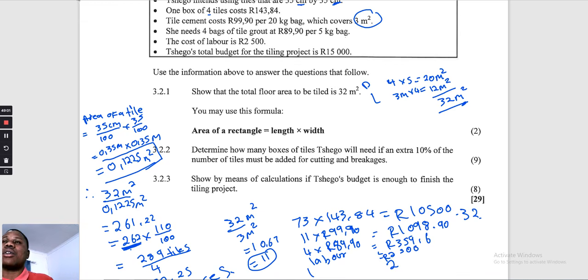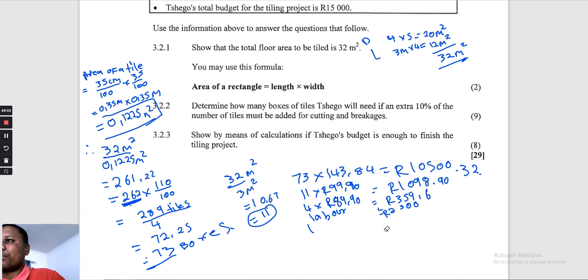So all in all, let's add now 10,500 plus 1,098,90 plus 359,60 plus 2,500.